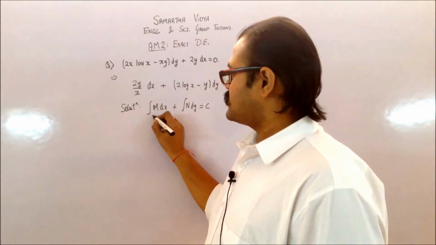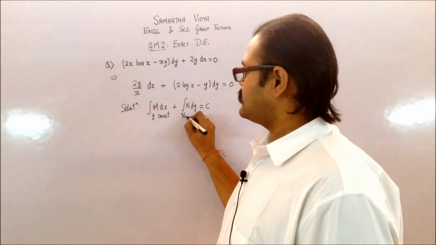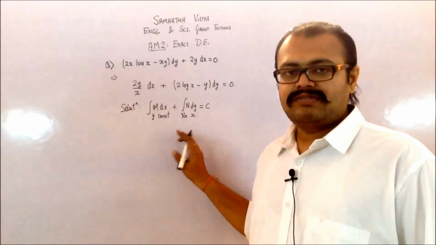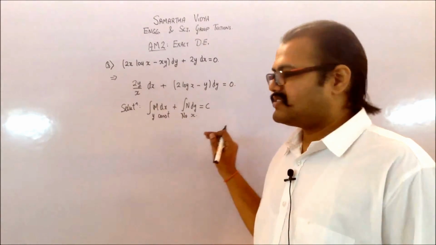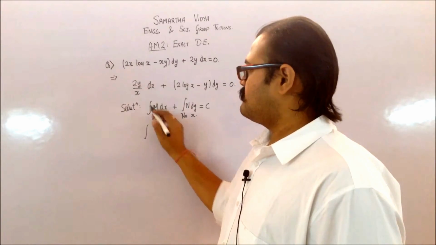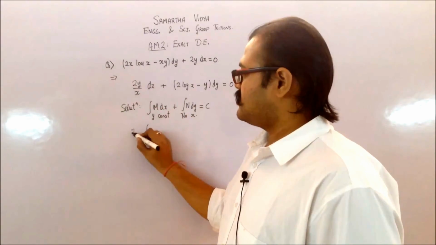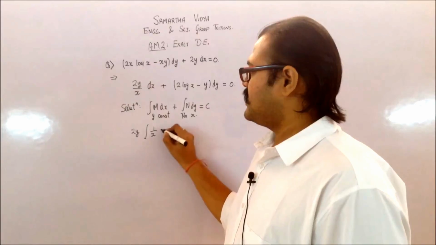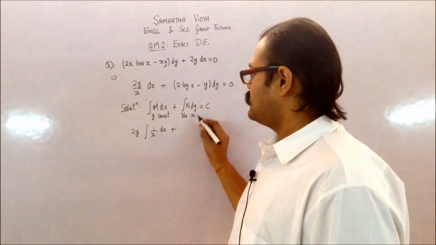In this we should have y constant, and in the second integration it is no terms of x. If you do not know this rule, then you can just refer to our earlier videos wherein we have discussed this. So it's going to be integration of m, which is this part, and you can see that 2 and y is constant over there, so that comes outside. So it's integration of 1 by x dx plus, in this you require no terms of x.